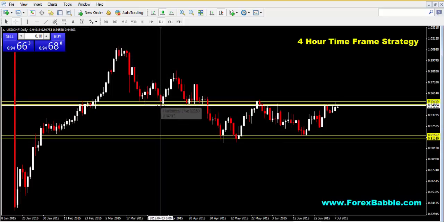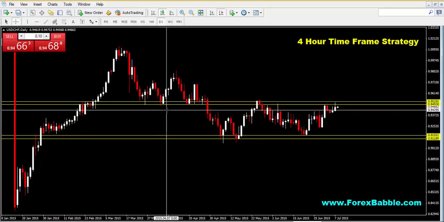So that same candle size on a 4-hour chart would probably only be, let's say, 5 pips, but on a 4-hour it might be much larger in size. So that's where I focus on the 4-hour time frame.